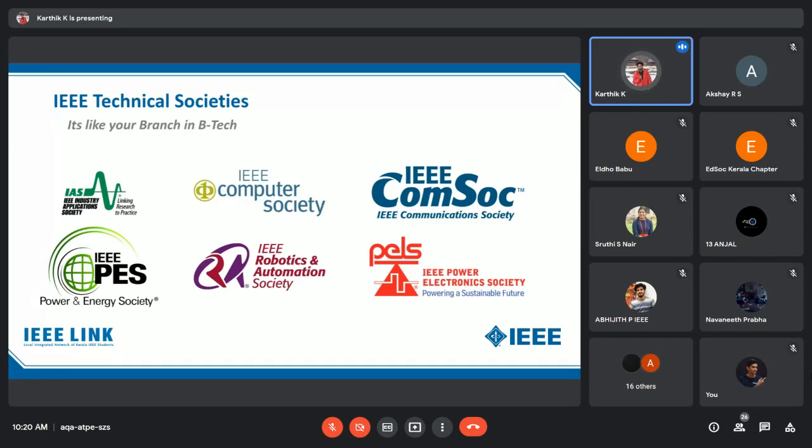They are clustered in such a manner. Suppose you take the Computer Society: people who have more interest in computers, programming, software engineering, etc. can be seen in the Computer Society. So that is a common ideology or common aspect of a society. You can see people aligned with a common thinking perspective in a single society.